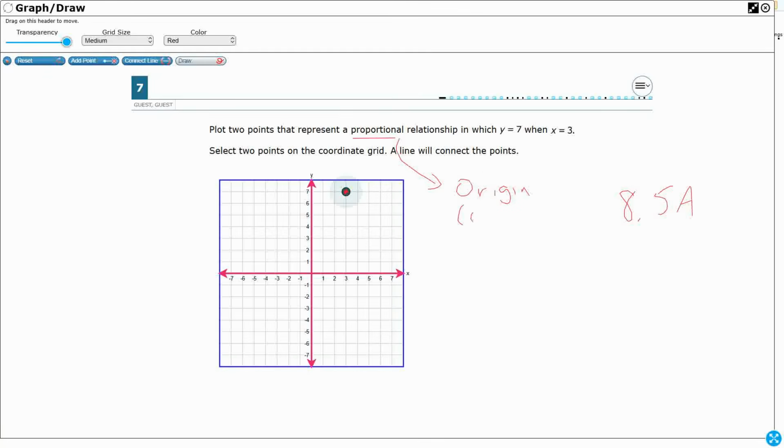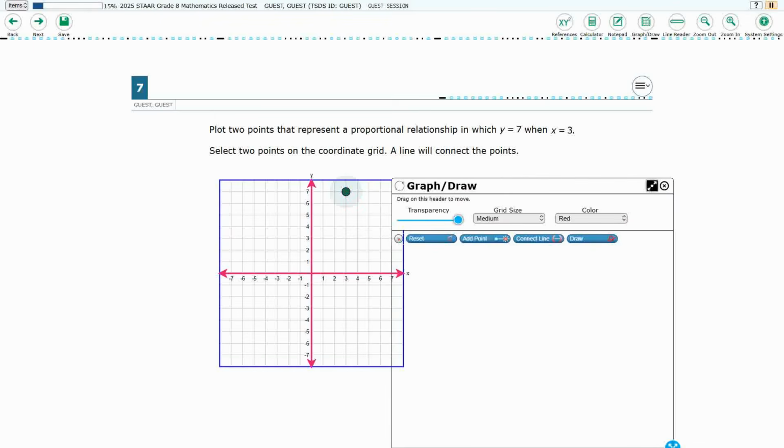It always goes through 0, 0. There's no y-intercept. So my second point is going to be here, but they didn't tell us 0, 0. They didn't tell us the origin. The word proportional is a key word for it goes through the origin. So if I get my second point on the origin, that's it.